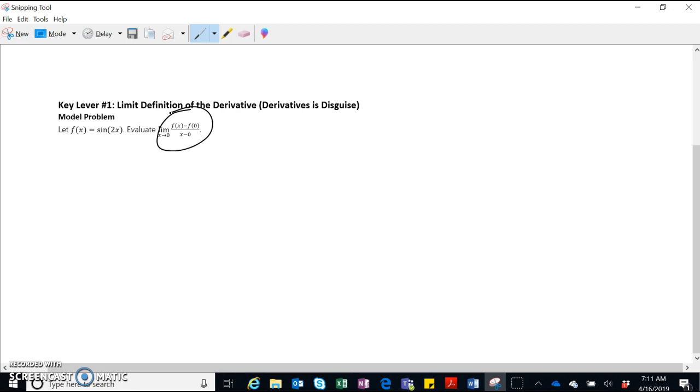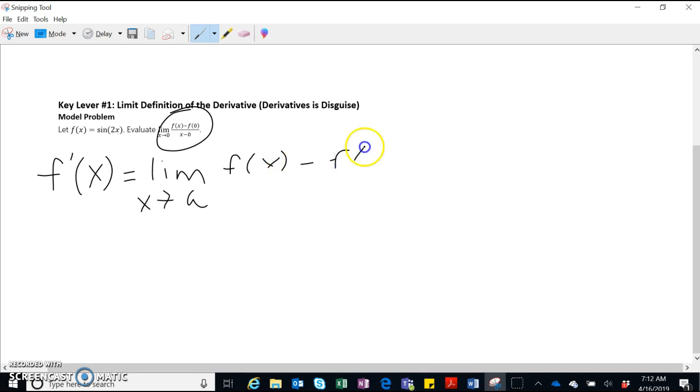But what I want to talk you through in this quick segment is just how, when we first learned about derivatives, one of the key definitions that defined our derivative format was the limit as x approaches a of f of x minus f of a all over x minus a.